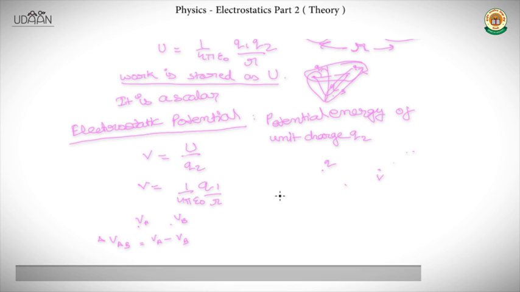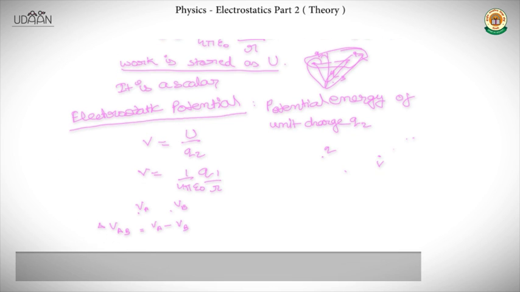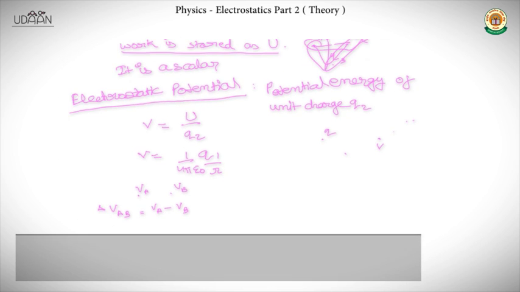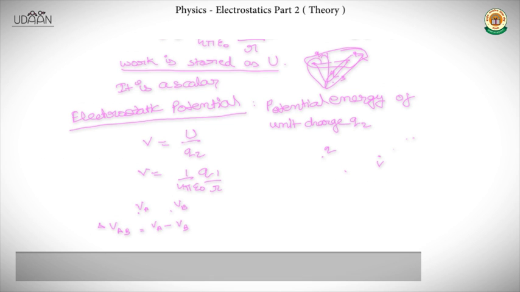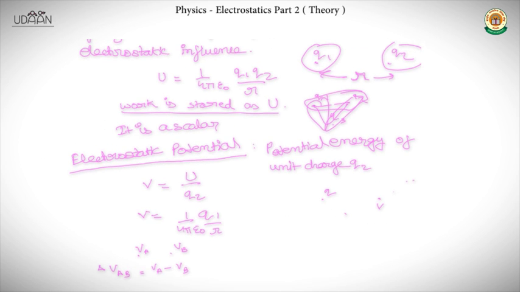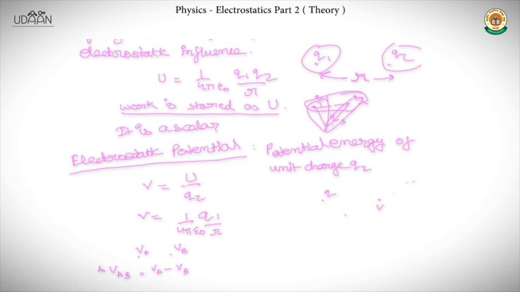This means it is potential energy per unit charge, the potential energy of a unit charge. So if Q2 is equal to 1 coulomb, then electrostatic potential and electrostatic potential energy are the same.